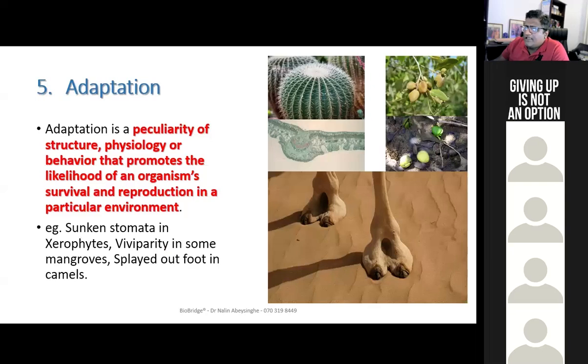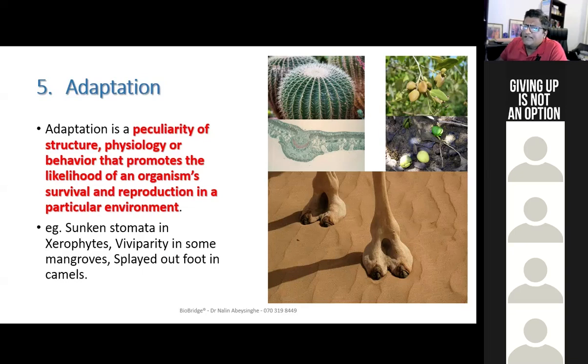Adaptation, number 5. It's something simple, right? You can imagine those things, you can assume the stuff we're talking about here. Adapting is getting used to an environment you are living in, right?